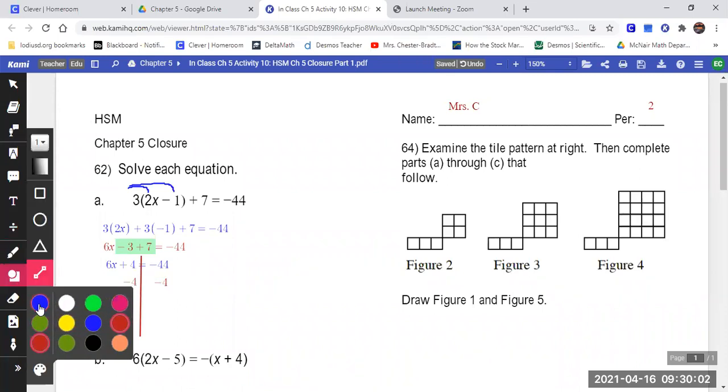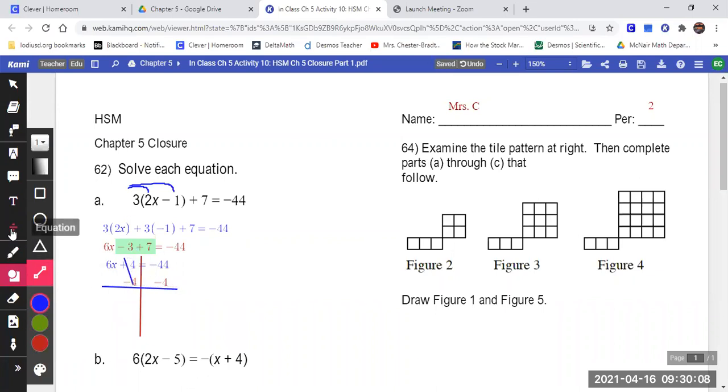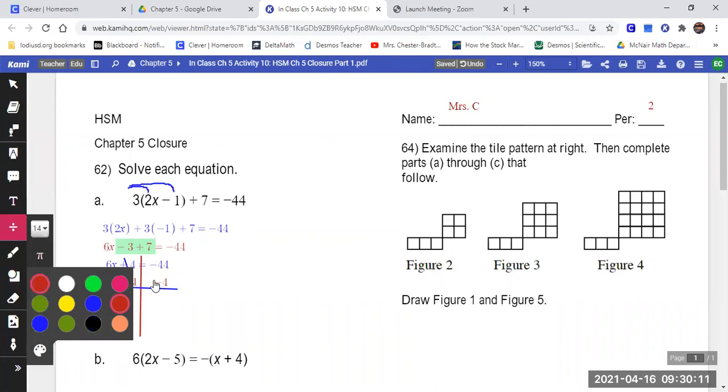Okay. -4 plus 4, big 0, all gone. So what's it going to clean up to now?